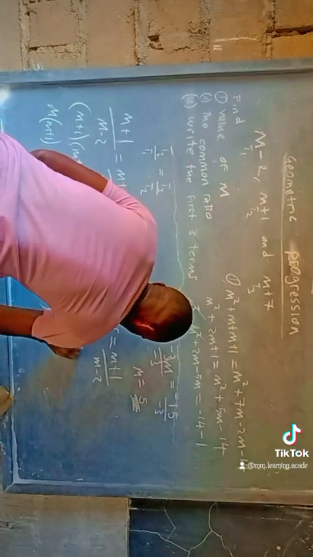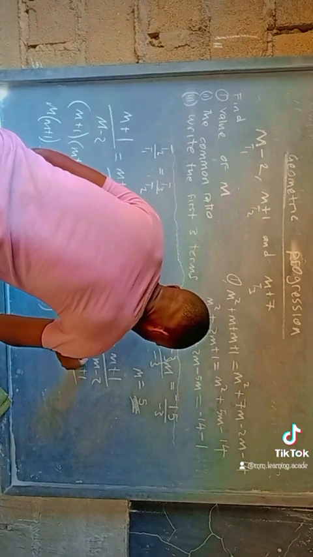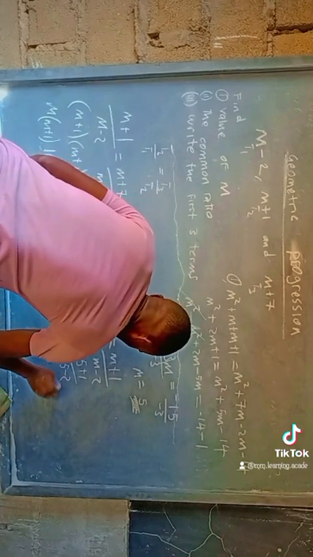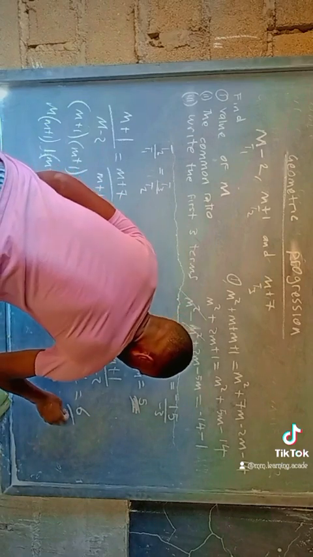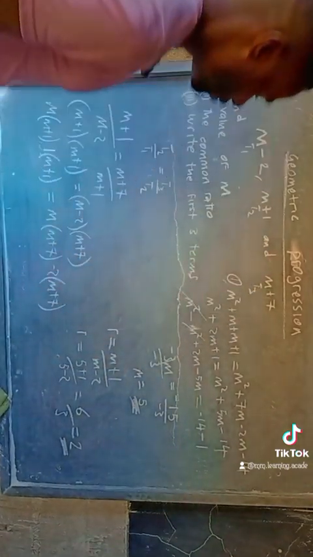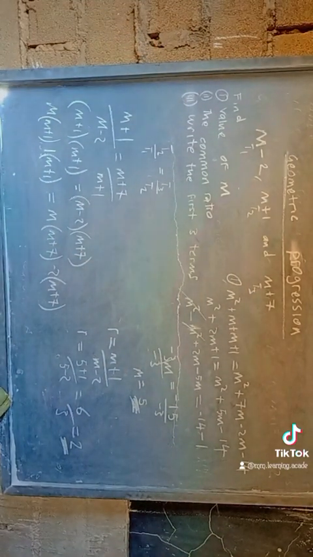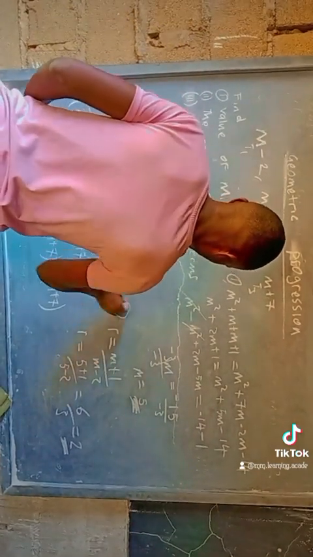With m as 5, that is 5 plus 1 over 5 minus 2. 5 plus 1 is 6, 5 minus 2 is 3, giving us the common ratio, which is positive 2. So this is our number 2.